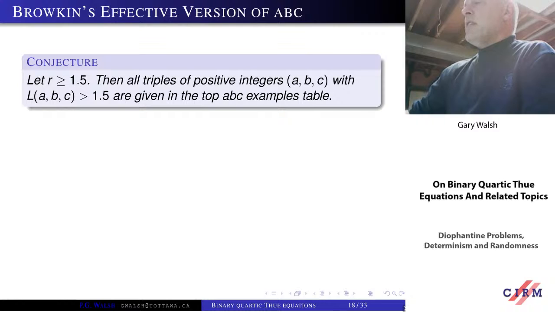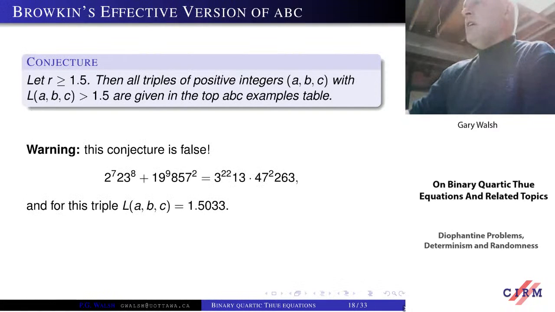He used that effective version to prove Diophantine results and otherwise. But unfortunately, this conjecture is actually false. After Baker published his paper, there was a computation by, I can't remember the name of the person, who found a particular counterexample that has quality bigger than 1.5 and is not in the table I just showed you. So one has to be really careful about these effective versions of the ABC conjecture.